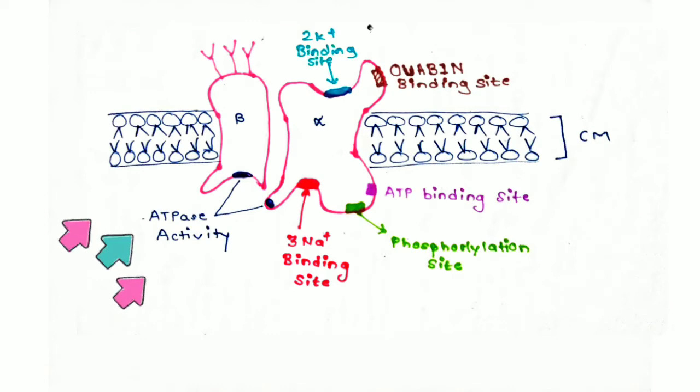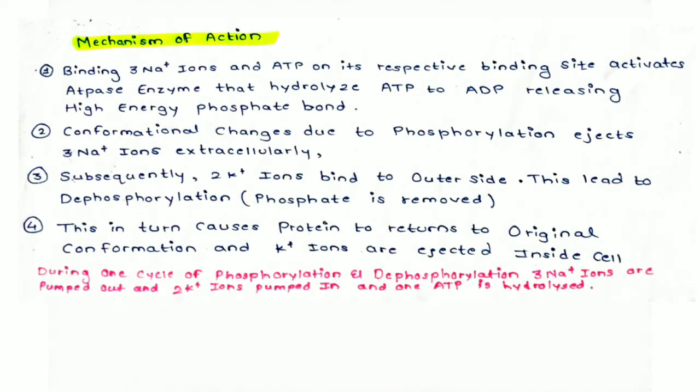Now let's learn the mechanism of action of the sodium potassium pump. The first step is the binding of 3 sodium ions and 1 ATP on their respective binding sites, which will activate the ATPase enzyme that hydrolyzes ATP to ADP, releasing a high-energy phosphate bond.